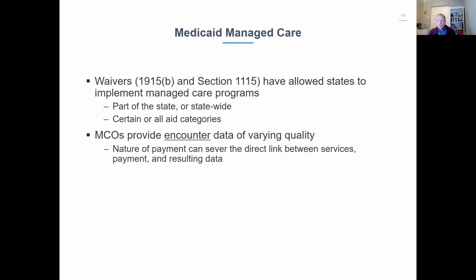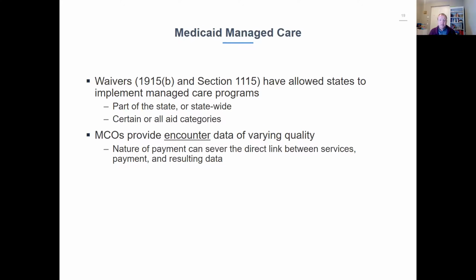And so when a service happens, it doesn't directly translate into a clean set of claim file lines. These are encounter data that are repackaged by the managed care organization and submitted to state Medicaid agencies.